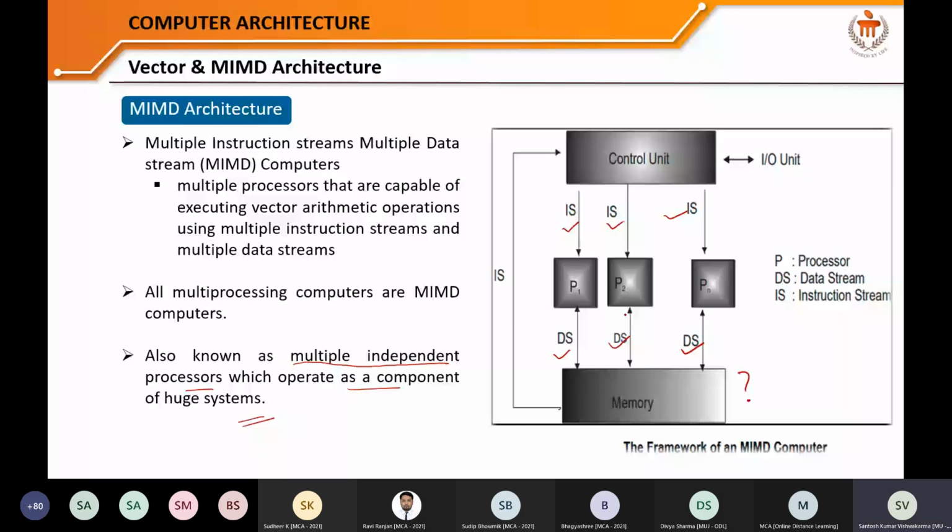Fine. Because we have just studied very important structures of the multiprocessor, based on shared memory structures, they can be uniform memory architecture or they can be NUMA. I'm not taking the third one, that is the cache model, because by default that can be understood as a version of this. Most of the systems which have been implemented are based on these memory structures, that is UMA and NUMA.